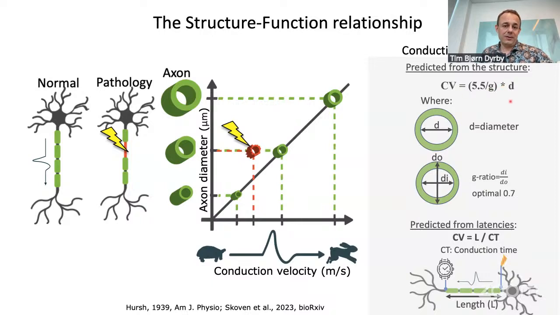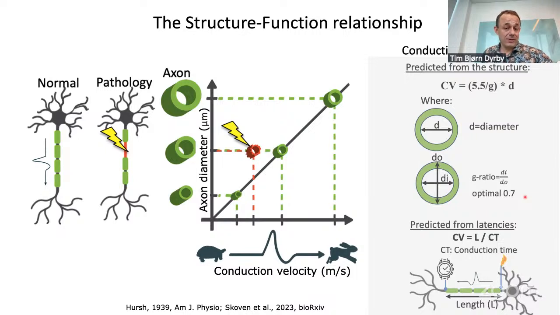Then you have D, which is the diameter of the axon. So if you take 5.5 times G times D, then you get the conduction velocity from the structure point of view. And the G ratio from many studies is around 0.7. You can do a lot of simulation, and you will find out that this is the optimal range of conduction velocity along the axons with this G ratio.